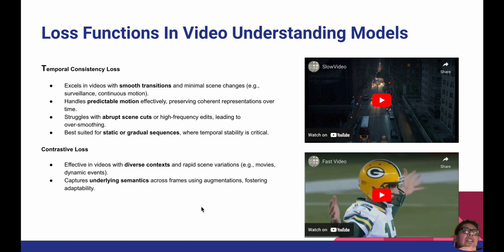And the contrastive loss is good at capturing the underlying semantics across frames using augmentations. That's important because the underlying semantics is really what we need to understand, like what's happening in the video, and that's going to be easy to do, especially if we do it across frames and scenes.